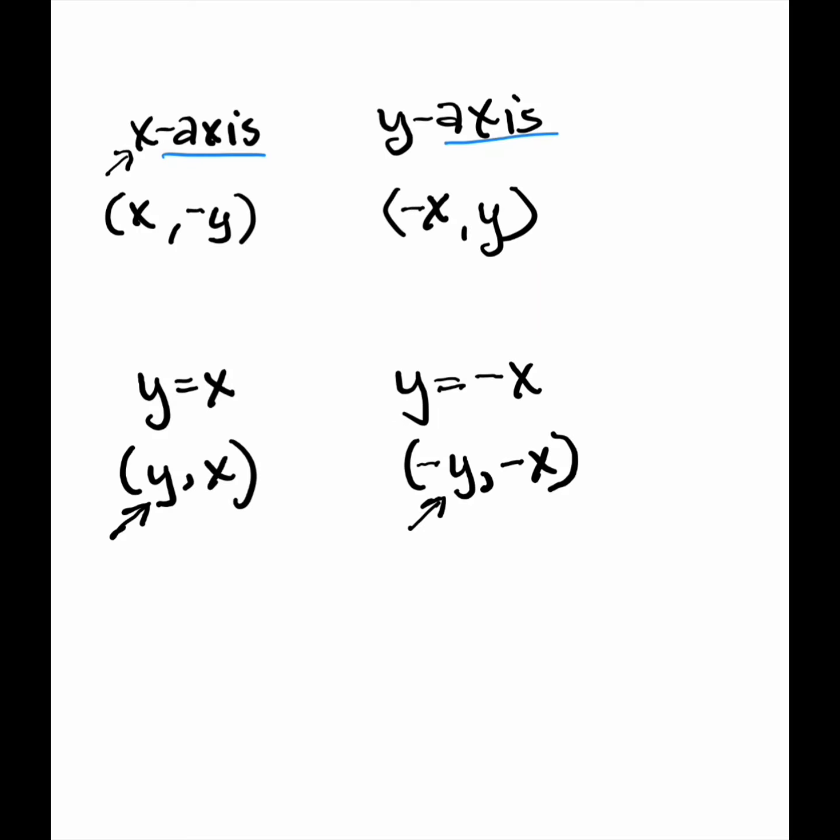Okay? Now, the one you're going to do here is going to be, you're going to create a new line of reflection. In the top one, it's reflecting over the axis. The second one we learned, we're reflecting over a diagonal.